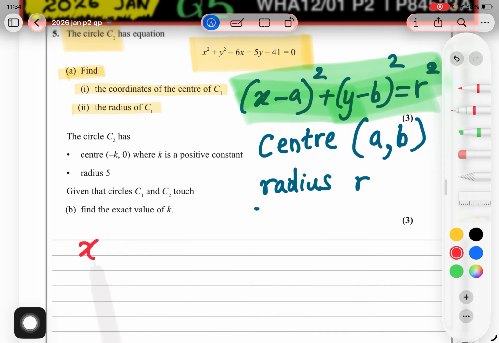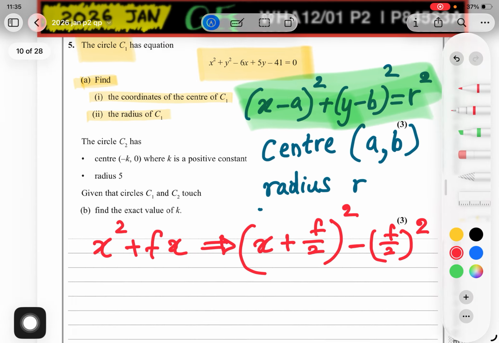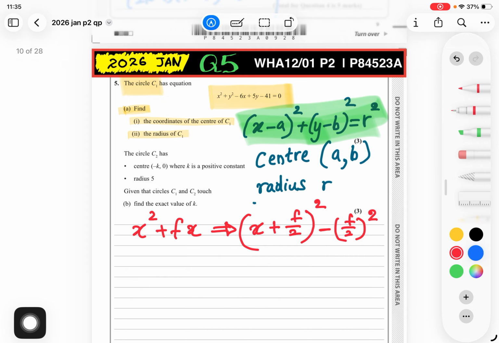Whenever you have x² + fx, completing the square gives (x + f/2)² minus (f/2)². So we have to subtract this additional component. With this knowledge, let's start our working.